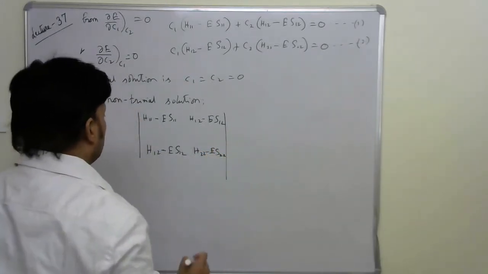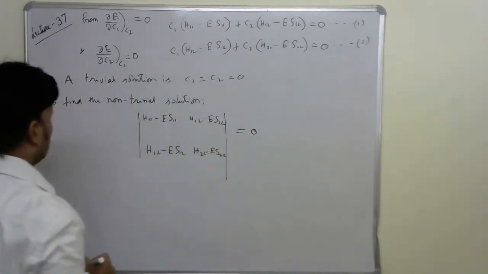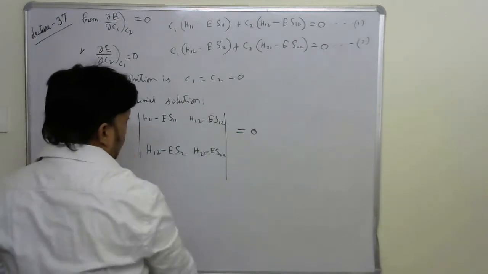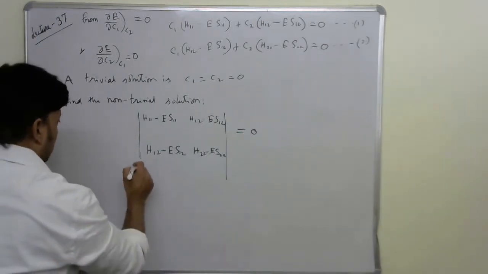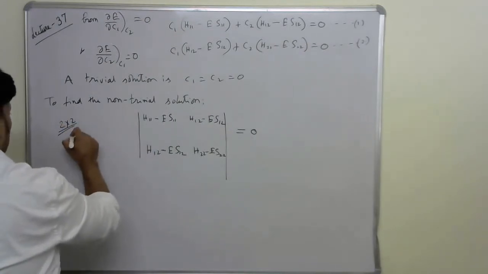So this 2 cross 2 determinant must be 0. So it would form a quadratic equation.